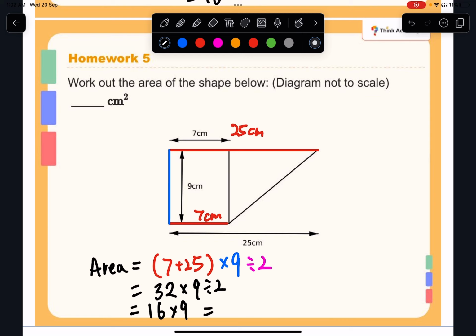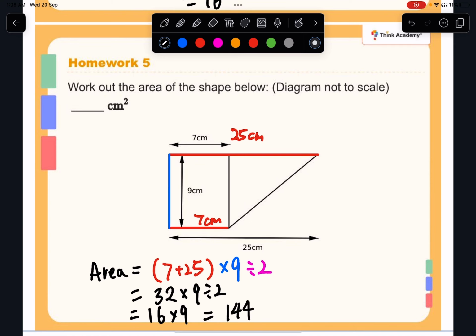So we have 144, right? We have 144. And what is the unit? The unit is square centimeters. So that is the final answer, 144 square centimeters. These are all the answers for the homework. So if you have any questions, you can ask us on WeChat.